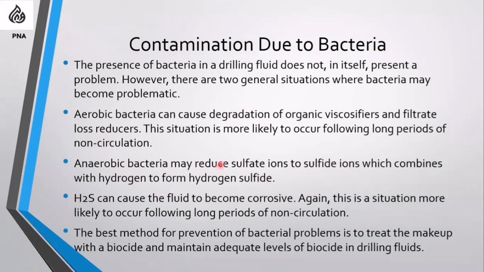Here it will be very risky. Our bacteria can make H2S, and H2S is a contaminant and also a dangerous gas. H2S causes the fluid to become corrosive, and again this situation is more likely to occur following long periods of non-circulation.